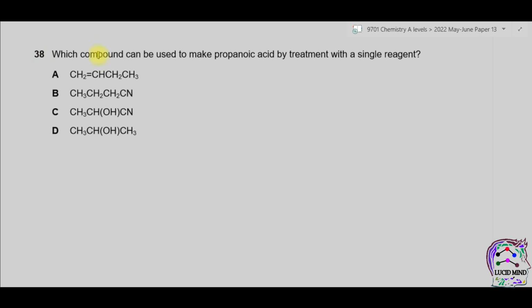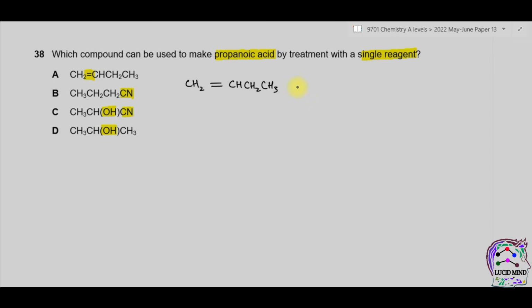Question 38, which compound can be used to make propanoic acid by treatment with a single reagent? First one is alkene, second one is cyanide, third one is alcohol as well as cyanide, fourth one is secondary alcohol. So let's see, first one is alkene. Now we can break the bond of the alkene. For example, CH2 double bond CH, CH2, CH3.